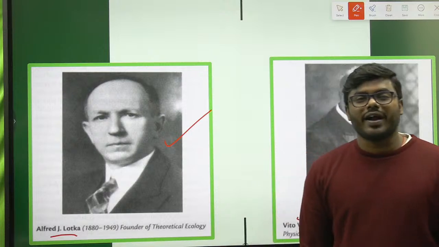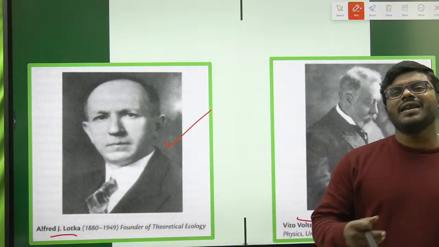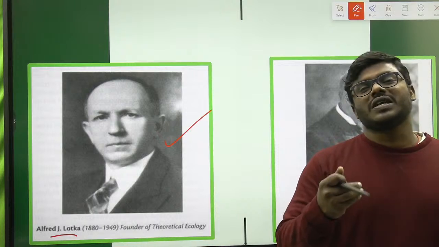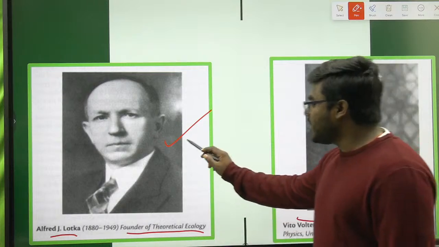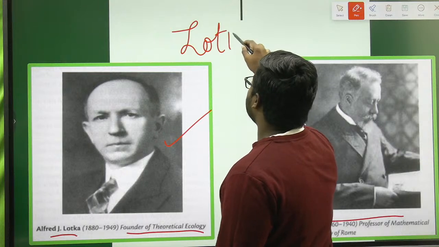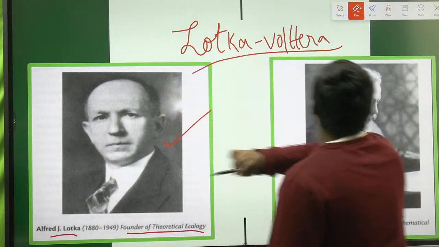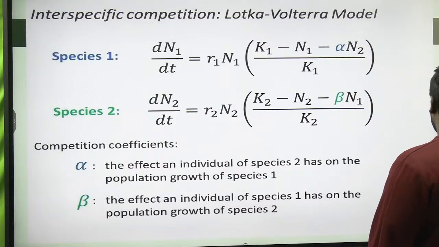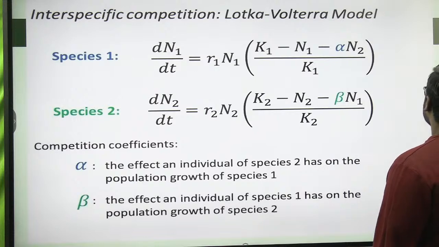He originally joined as a lab assistant, but because of his keen interest in the ecological field, after extensive research, he became the founder of theoretical ecology. Based on these two people, we have given the name of a model. We call it the Lotka-Volterra model. See friends, I request all of you to pay attention to every single point that we are going to discuss. By that you can understand everything very elaborately.